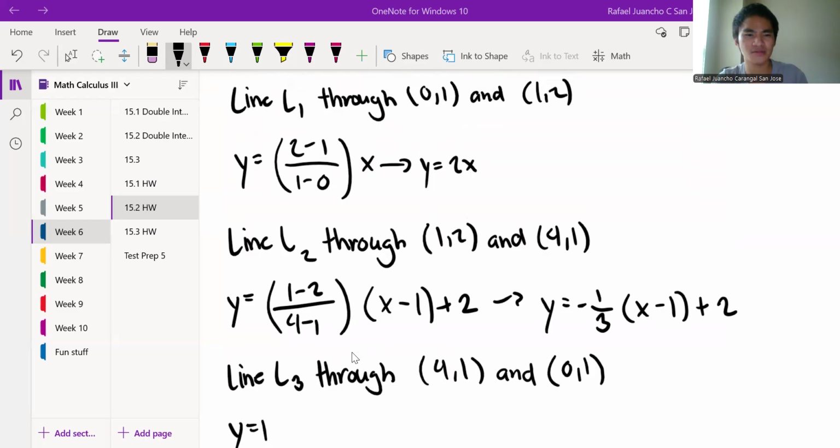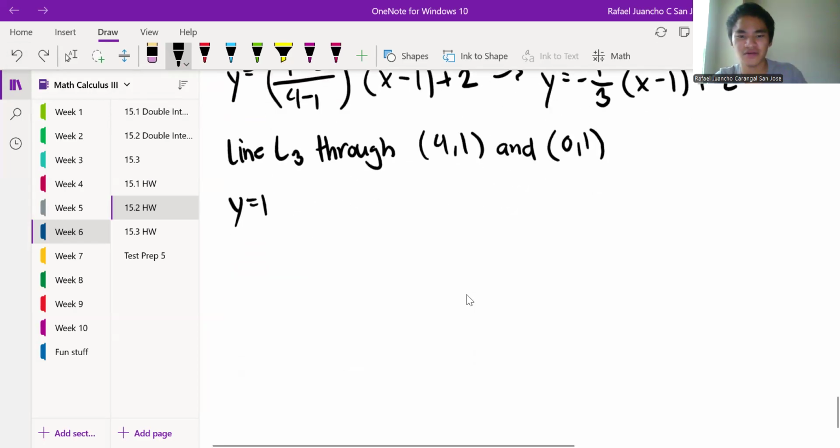Wait a minute, 2 minus 1 is x, and then the plus 1 here. Okay, this gives me x plus 1. Okay, so there, now we have the equations of the lines.